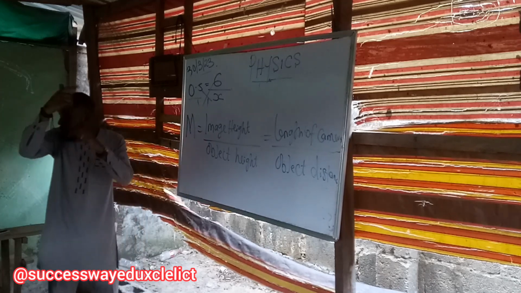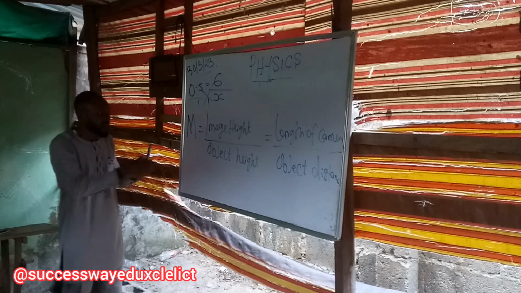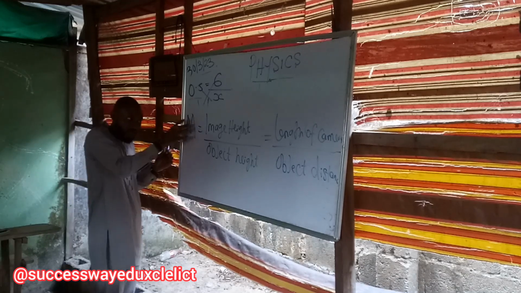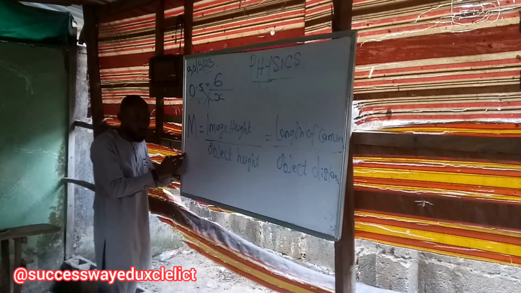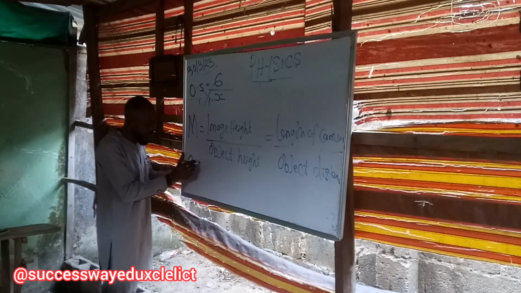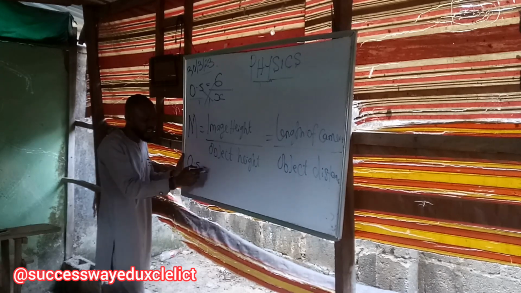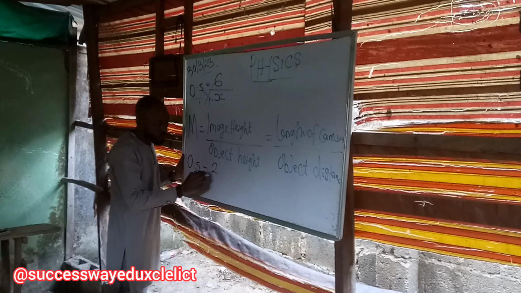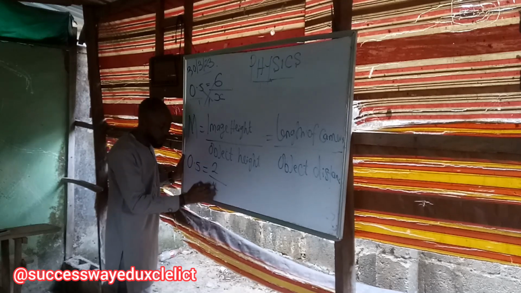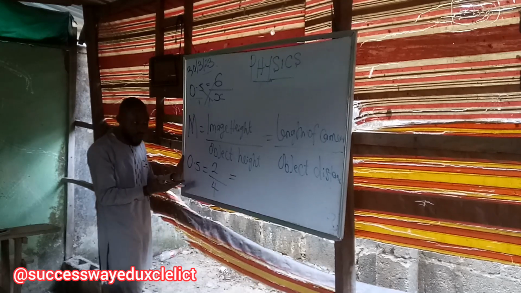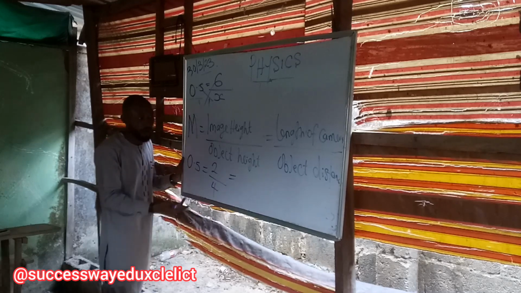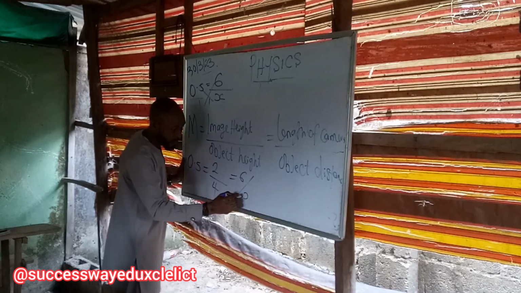But since we've done that already and we've known our magnification, let's look at it this way. Let's assume they gave us our magnification. We got what as magnification? 0.5 is equals to what is the image height? 2 all over this 4 is equals to, look at what I'm doing here, 6 all over x.